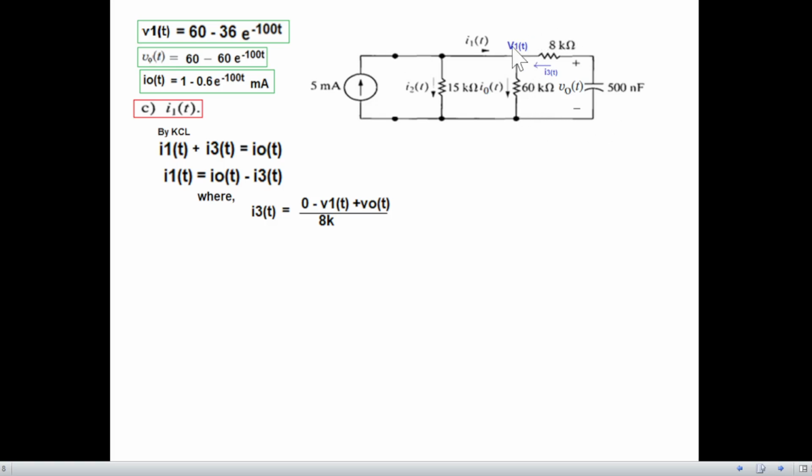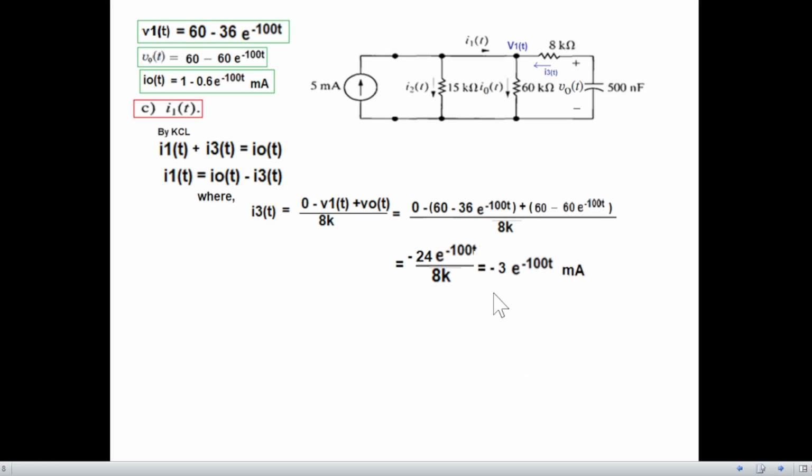0 minus V1 plus this voltage, as we have discussed in the previous slide, divided by 8K. This will be I3. And here we put the value of V1 from here, and also we put the value of V0. And further simplifying, we get I3(t) to be minus 3 e raised to the power minus 100t milliampere.